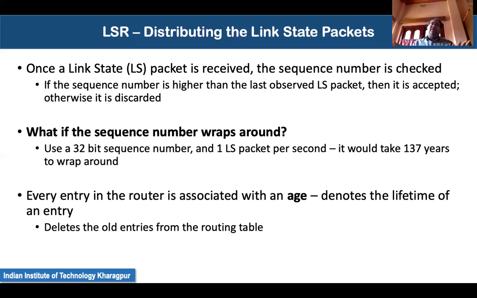That also ensures that if some router gets shut down, or there is a failure in one router, that information quickly propagates to its neighbors, because they will not get any link state packet. After the age is over, they will delete the old entries, and the information about the failed router will get erased from the link state table.